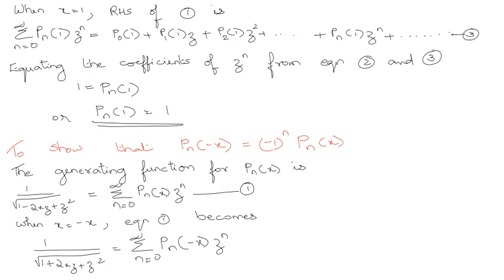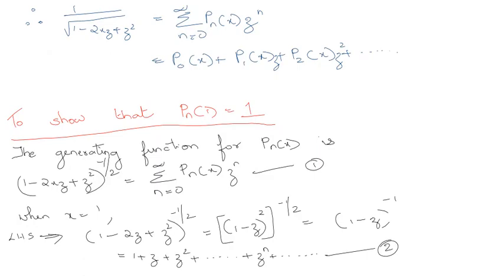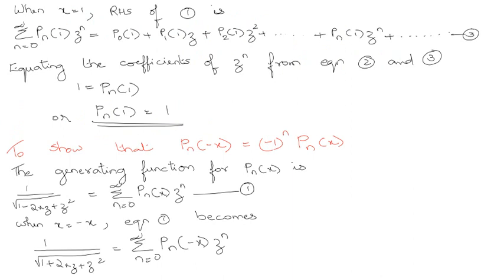So we'll be getting 1 is equal to, here the coefficient of z raised to n is Pn(1). Hence we get Pn(1) is equal to 1.